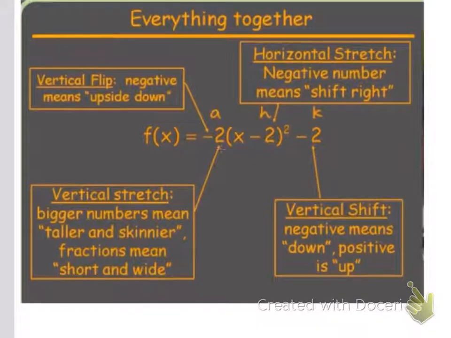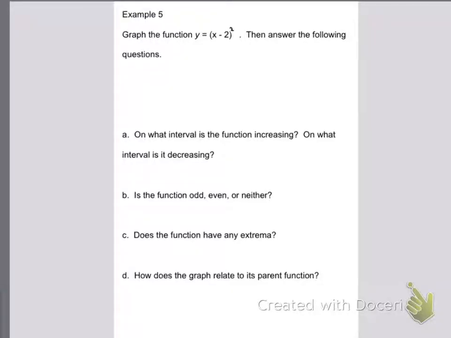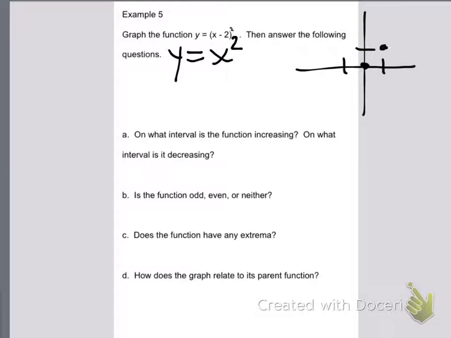Okay, that's a summary of everything that means anything as far as the flips, the stretches, the shifts. Okay, last one, it says graph the function x minus 2 quantity squared. Well, the parent graph is x squared. So with the little room that I have, here is y equals x squared.